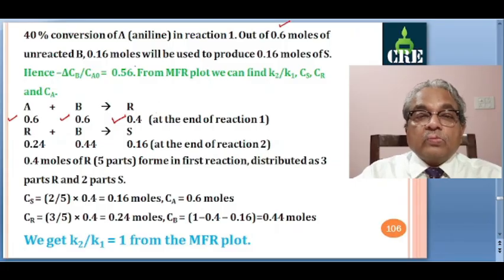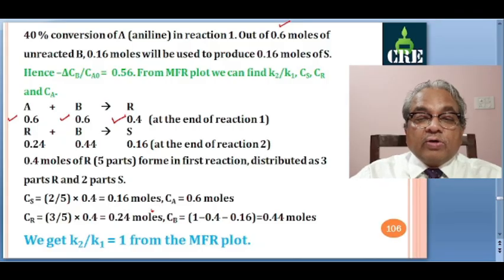Now what is mentioned here, this 0.4 is formed. If you split this into 5 parts from the first reaction, it is distributed as 3 parts of R and 2 parts of S. It is given in the problem statement. So 3 parts of R means 3 by 5 into 0.4, that is 0.24.